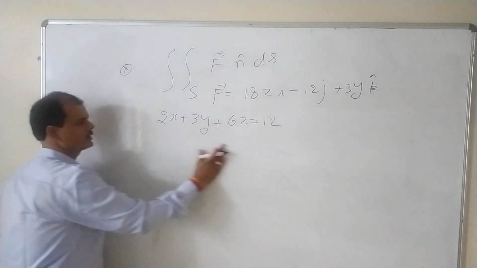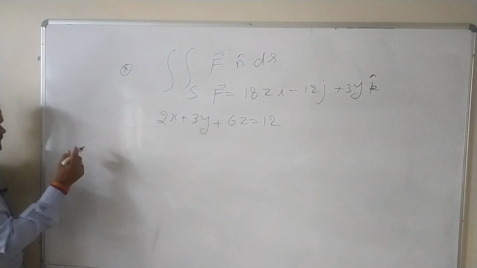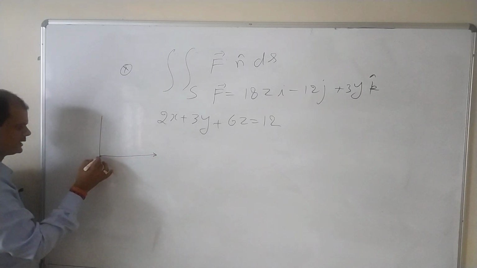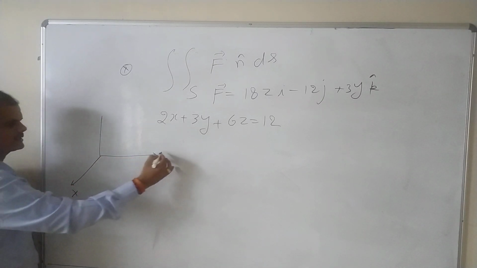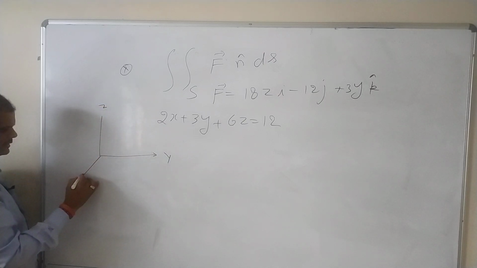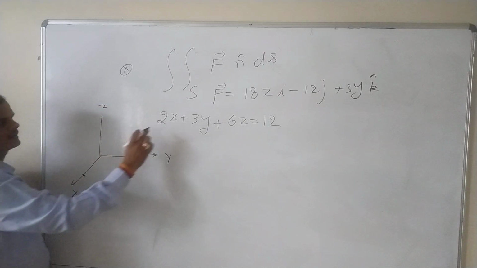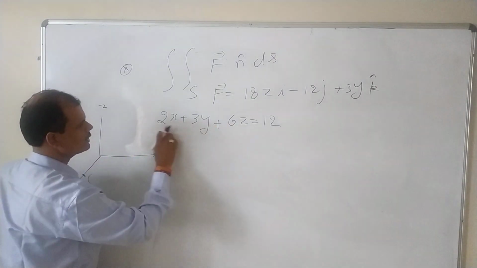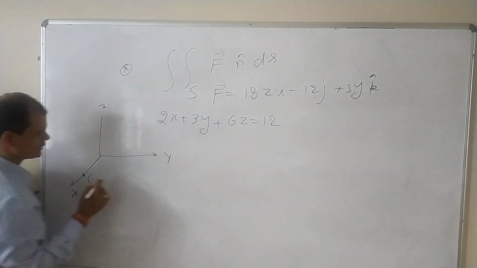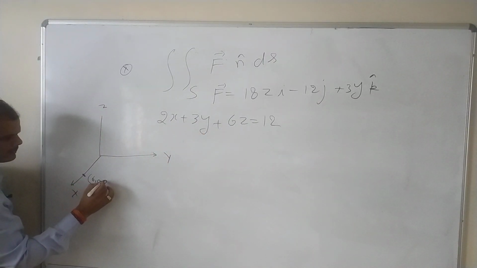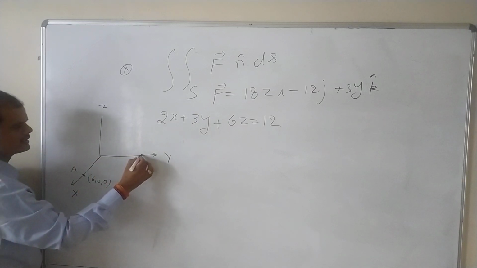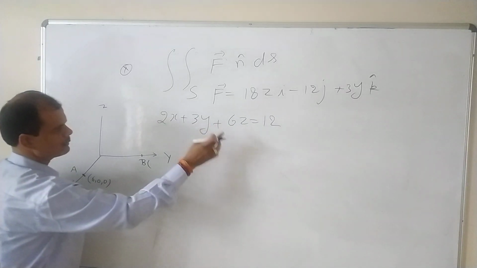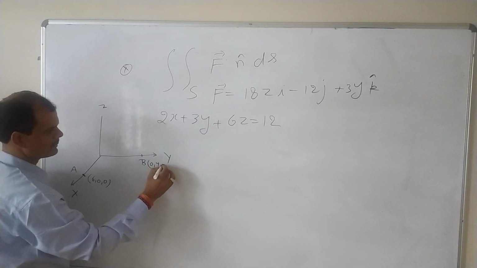So let us try to draw what the plane is. This is a 3D picture, we cannot draw it exactly, but at least we will have an idea. So if this is the x, this is the y, this is the z. What is the point here? On the x-axis, y and z will be 0, so 2x equal to 12, x equal to 6, so we have (6, 0, 0), this is your A. On the y-axis, x and z will be 0, so y will be 4, so (0, 4, 0).